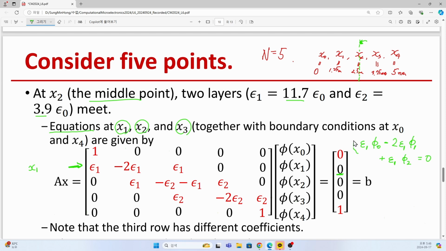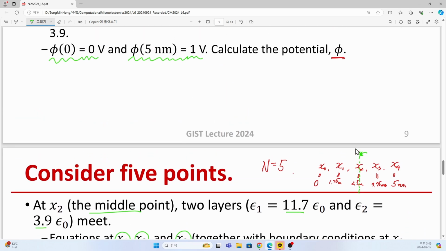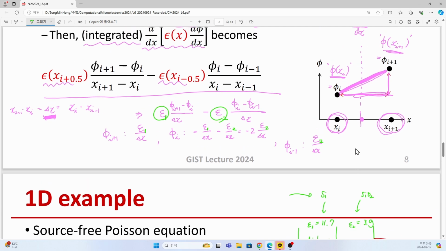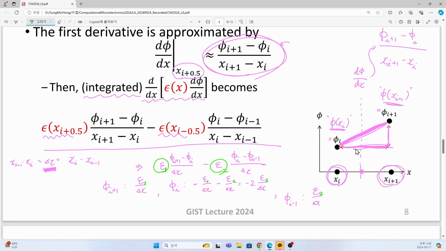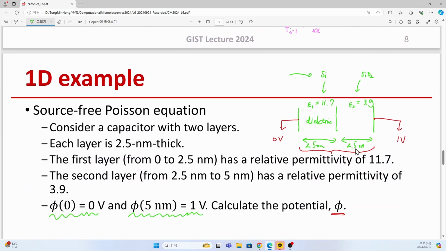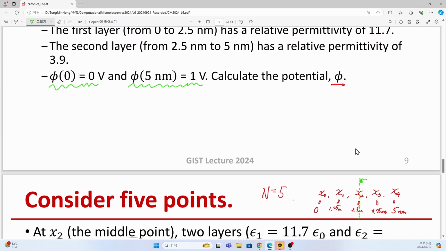Then what is it? Actually, we have to show this discretized form of our Poisson equation. Is it related with this form? Let me just do it together with you.